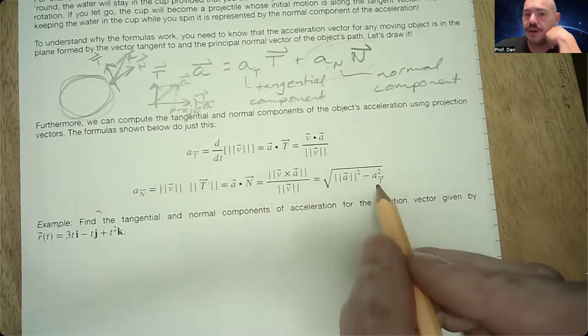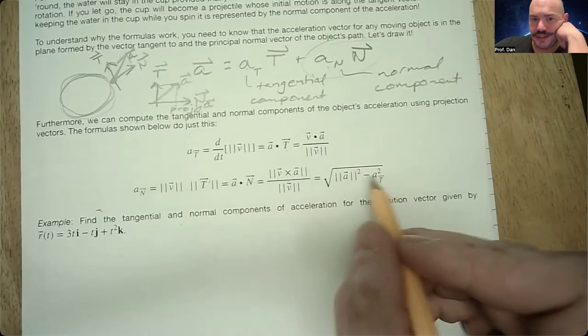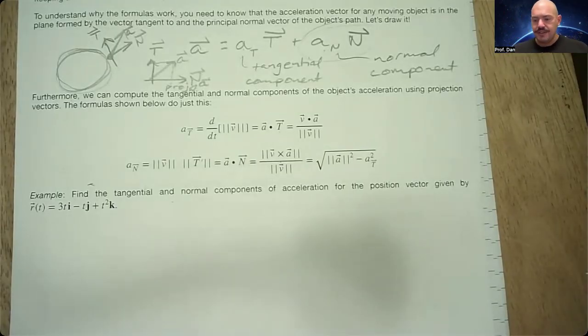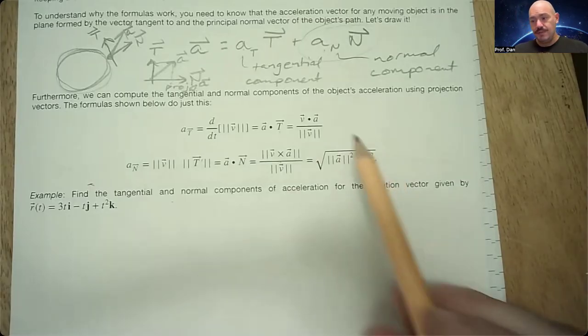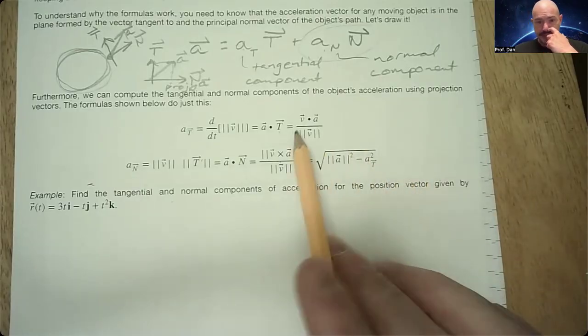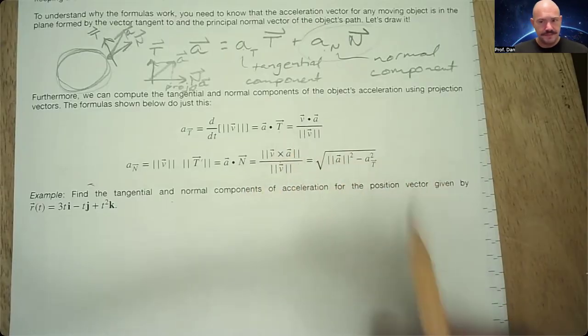Or if you already have to figure out the tangential part of the acceleration, this might be an easier one to do. So let's look at an example and see how these might apply. By the way, don't worry about memorizing these. I'm going to be nice and actually have this on your exam for you to see the formulas.